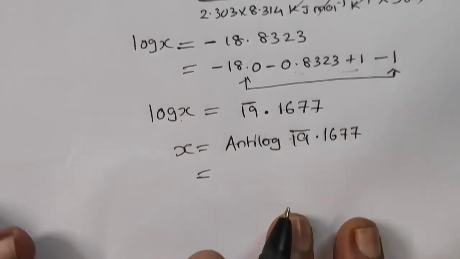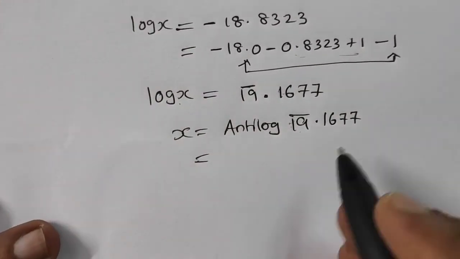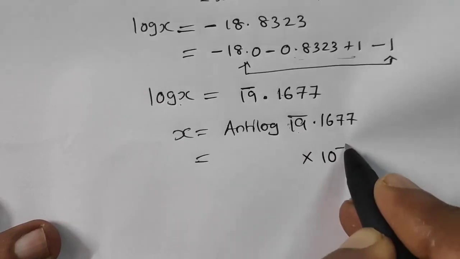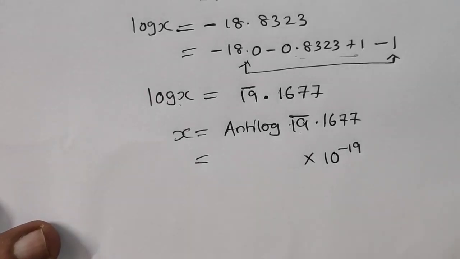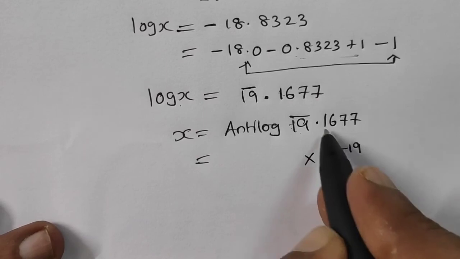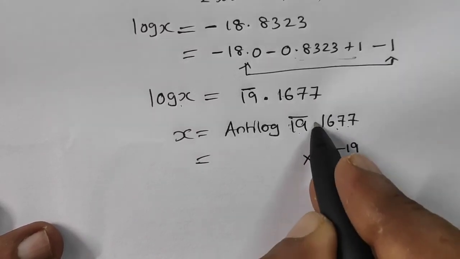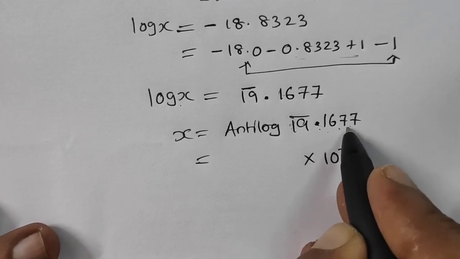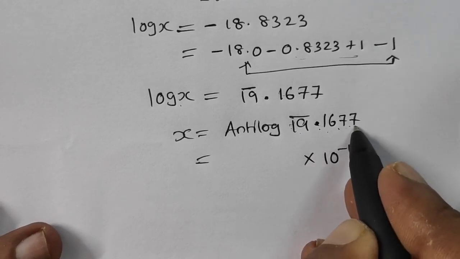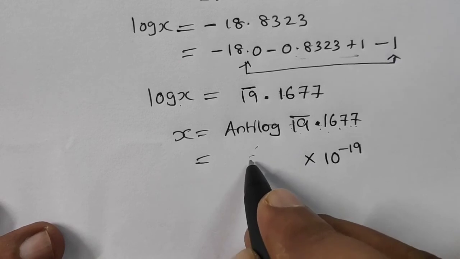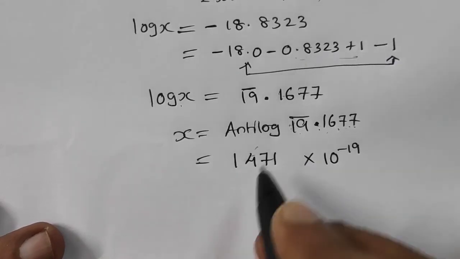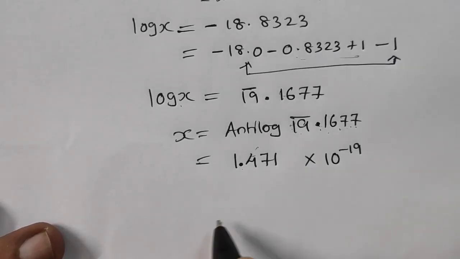I always explain that if 19 bar is there, take it to the 10th power, so 10 raised to minus 19, and 0.1677 in the antilog table. Remember this: 0.167 and mean difference 7. If you see, you will get 1471, and after one digit put a decimal.